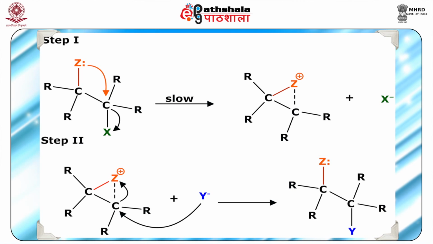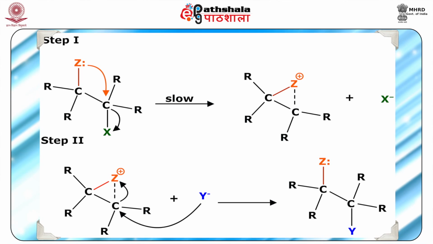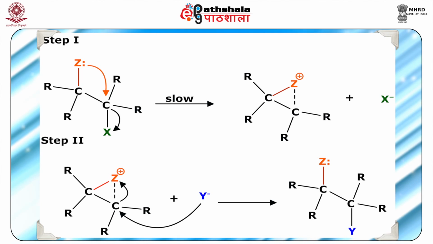Since the first step is slow and rate determining, the reaction follows first order kinetics and there is no effect of the concentration of Y minus on the rate of reaction.